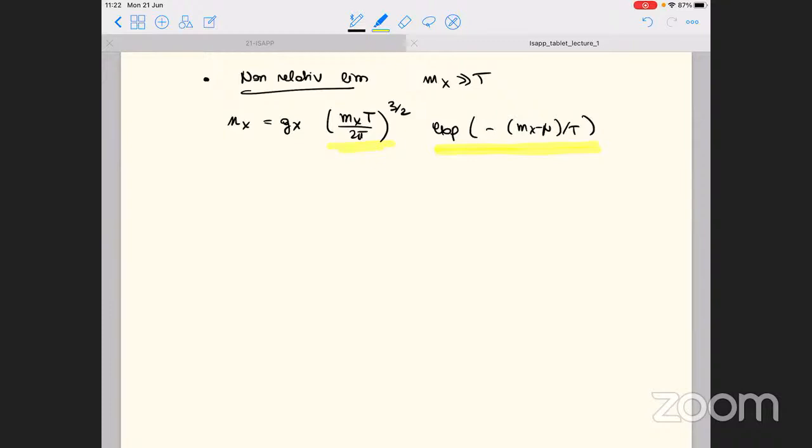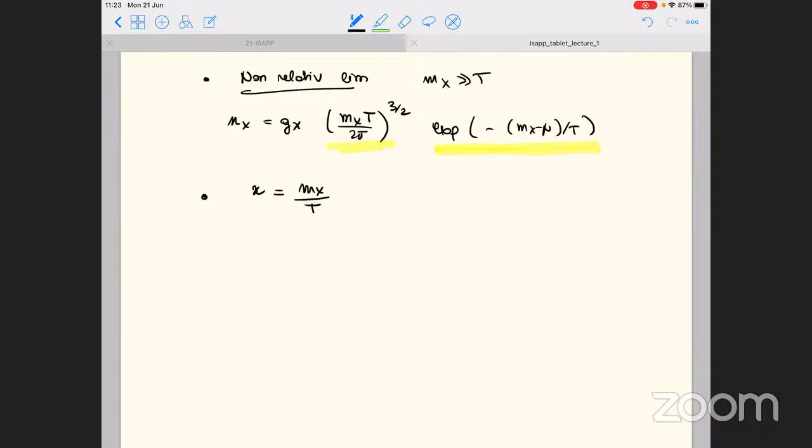Let me go one step further and introduce another convention that we are going to use here. Let me introduce x, which is a time variable essentially. For the time being, I'm going to assume that x is the mass of the dark matter divided by the temperature of the heat bath.